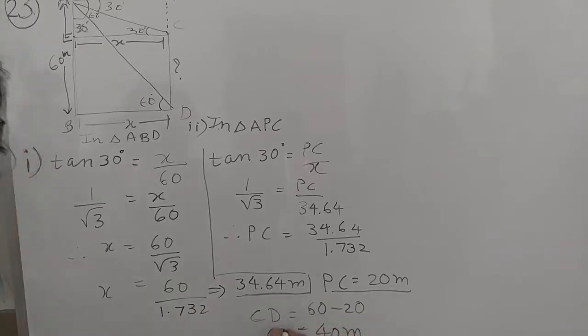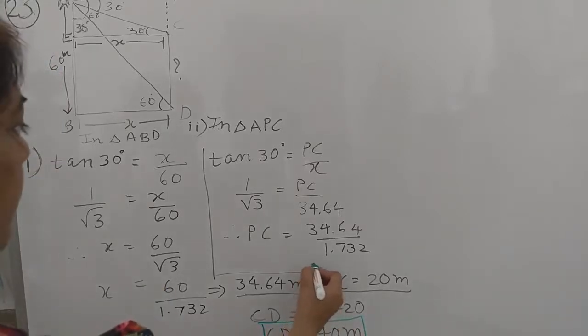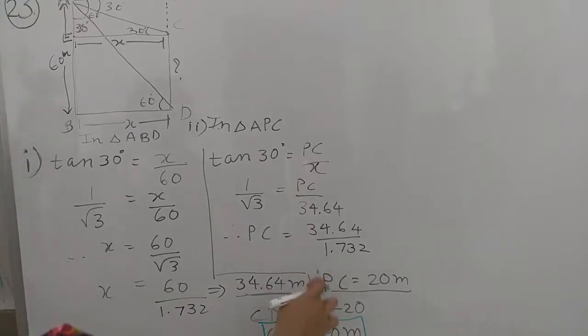This is our lamp post asked in the question. So the CD value is 40 meters, and the other value, the horizontal distance, we found as x equal to 34.64 meters. So this way we completed question number 23. Both the answers are found in meters.